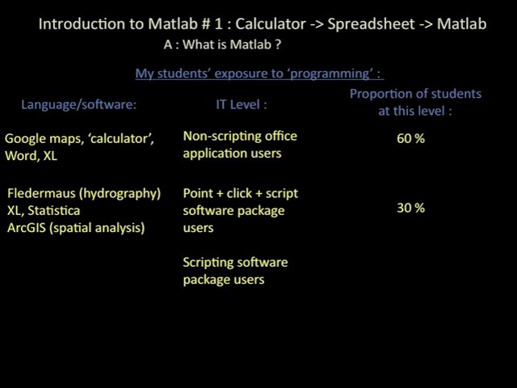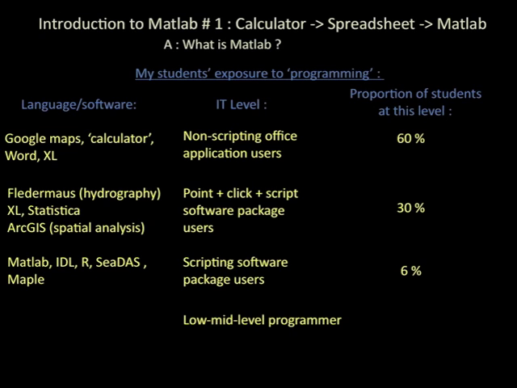Next down, scripting software package users. So this is some kind of programming structure, but with a lot of predefined capabilities and functions, and that's things like Matlab, and similar programs like IDL and R for statistics, Maple for mathematics. And maybe 6% of my students come in at this level.